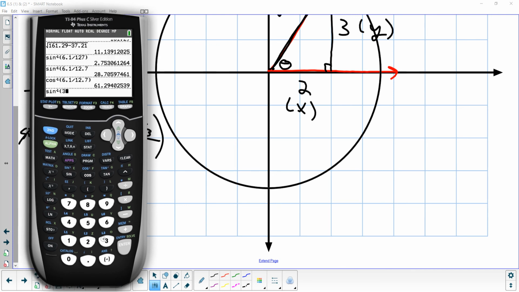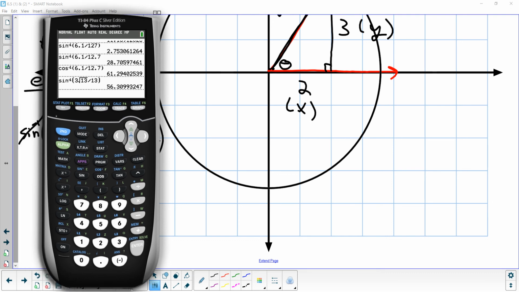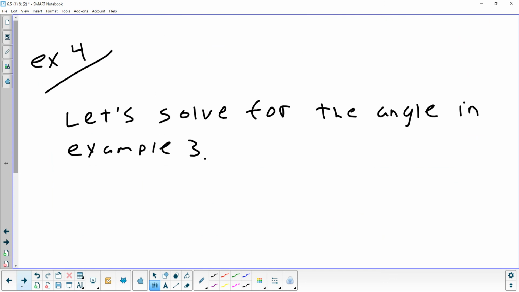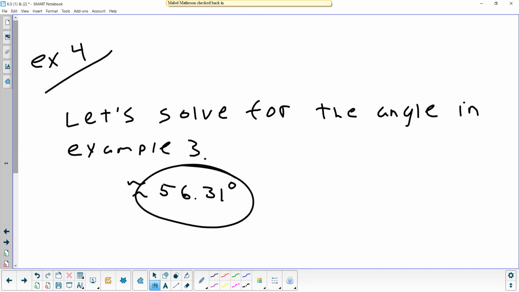Inverse sine of 3 square root 13 divided by 13. So that angle is 56.31. 56.31. And that was degrees. Any question on that?